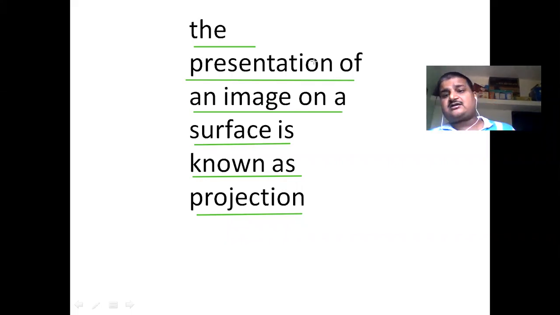If I draw the drawings on the board, then that is the projection of those elements of engineering graphics on the board. यानी कि प्रोजेक्शन यानी जो भी कुछ ऑब्जेक्ट हो उसके इमेज को आपको प्रेजेंट करना है, आपको सरफेस पे लाना है, आपको सरफेस पे पुटअप करना है.